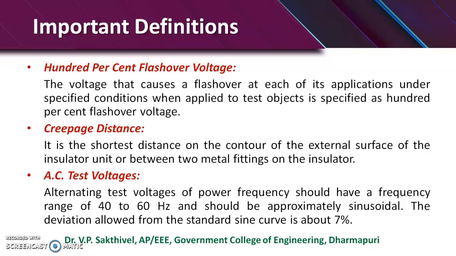Then AC test voltages, that is alternating test voltages. AC test voltages for power frequency should have a frequency range of 40 to 60 hertz and should be sinusoidal in nature. And the deviation allowed from the standard sine wave is about 7%.